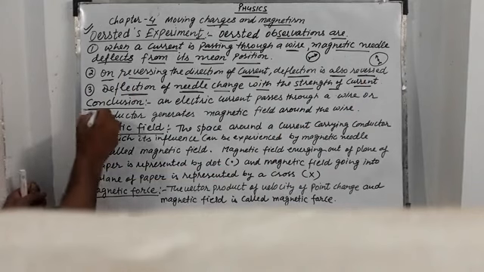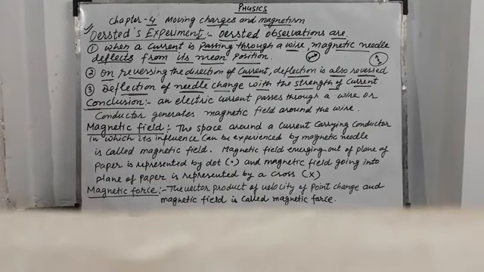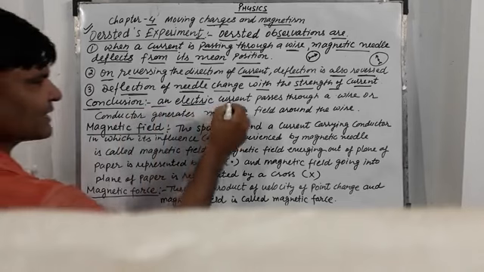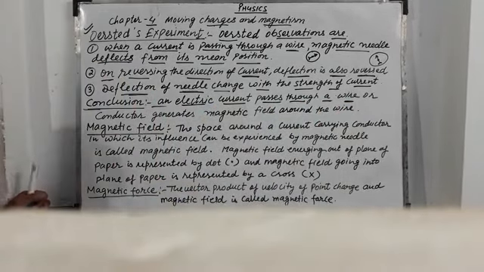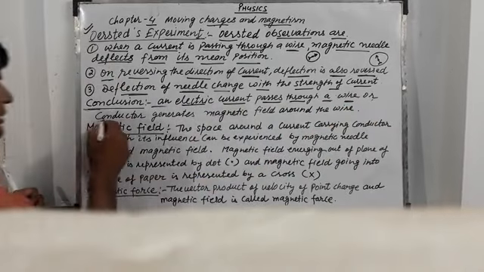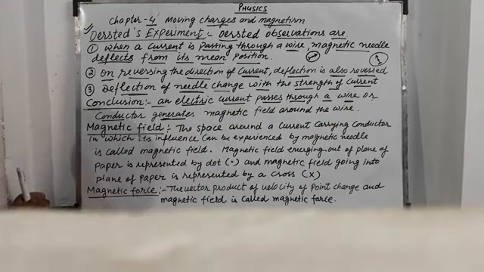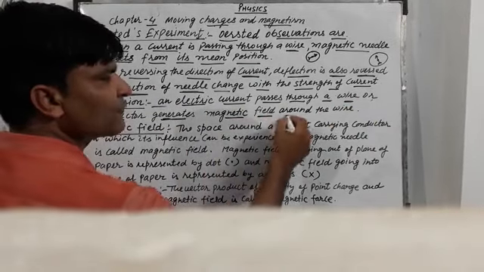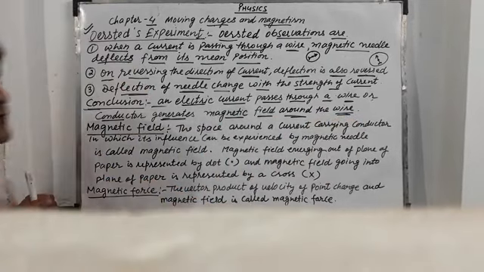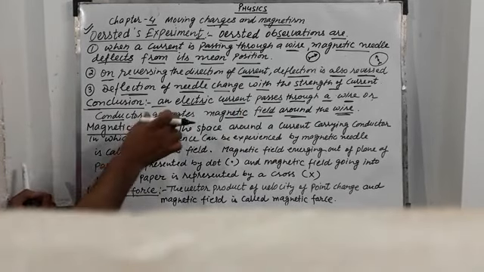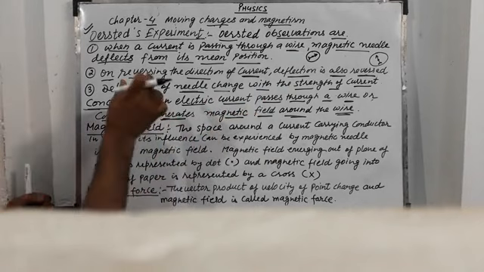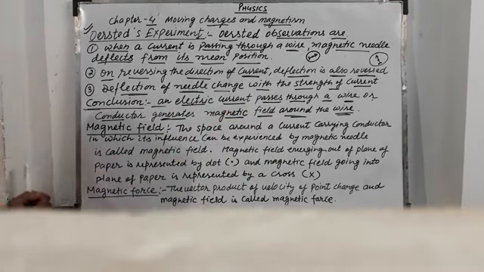The conclusion of this experiment is that an electric current passing through a wire or conductor generates a magnetic field around the wire.